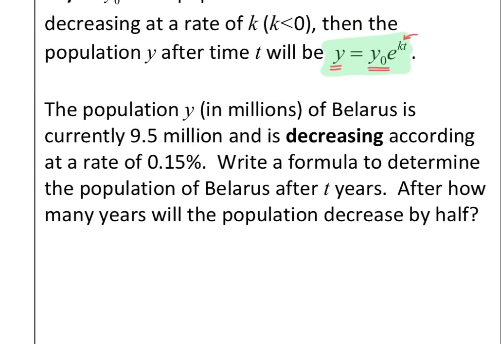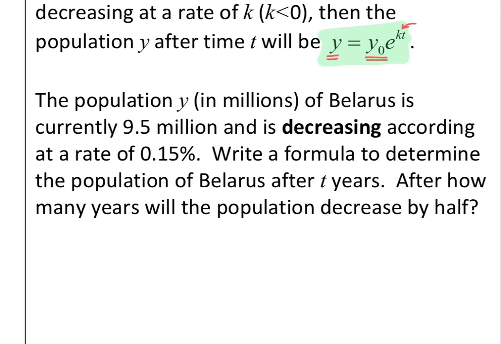So let's take a look at the population of Belarus, which is decreasing. The current population is 9.5 million, and so what you want to do is earmark the 9.5 million as y sub 0. And don't write 9500000 with a bunch of zeros, just use 9.5, and then million is your units, people, of course.